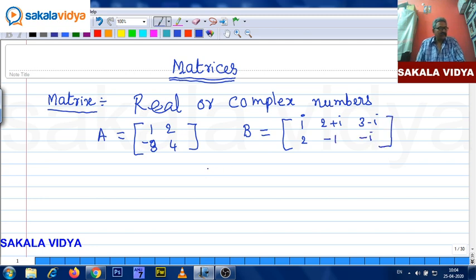These are examples of matrices. If you consider this matrix, these are called rows and these are called columns. That means it contains 2 rows and 2 columns.